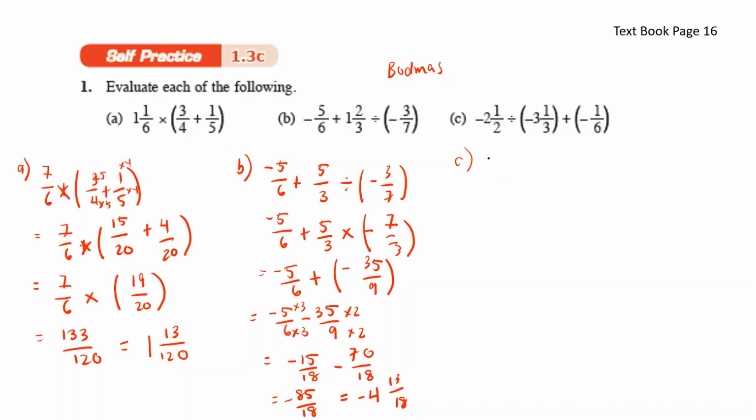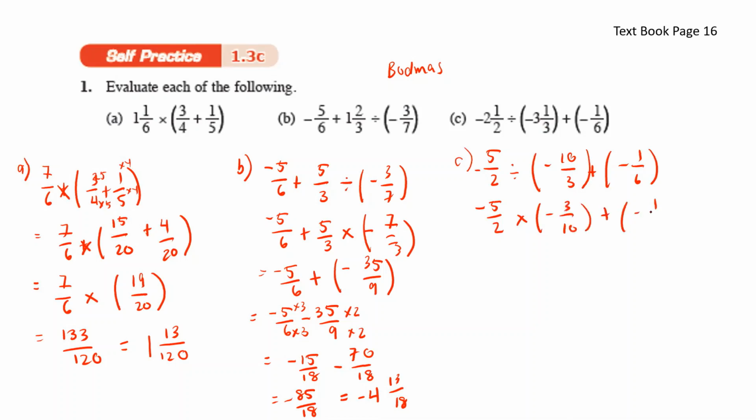Changing this to improper fraction gives us negative 2 times 2, 4, plus 1, negative 5/2 divide by 10/3 plus negative 1/6. So here we have to change this to a multiplication, giving us negative 5/2 times negative 3/10 plus negative 1/6.